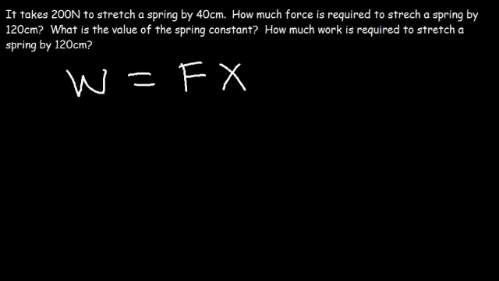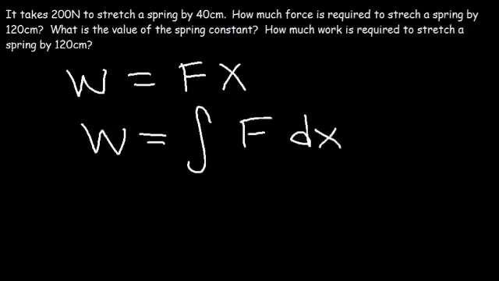Now what about if the force is a variable force? For example, in this case, work is equal to the integral of f times dx, where f is a function of x. And we know f is equal to k times x, ignoring the negative sign.